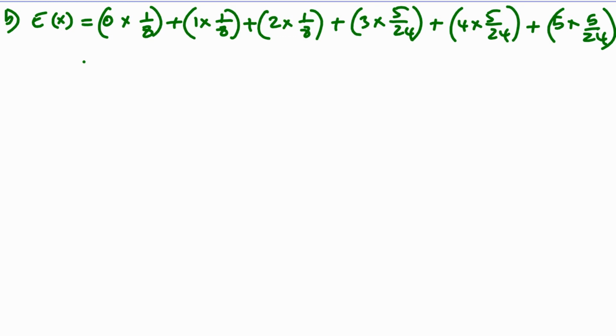Now, if you plug that in your calculator, you should end up with 23 over 8. So that will be your mean.